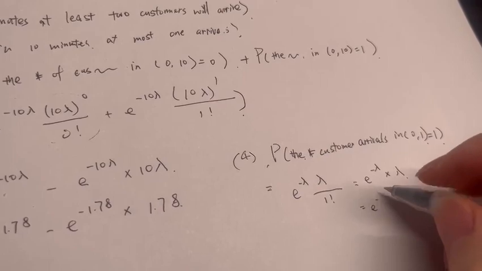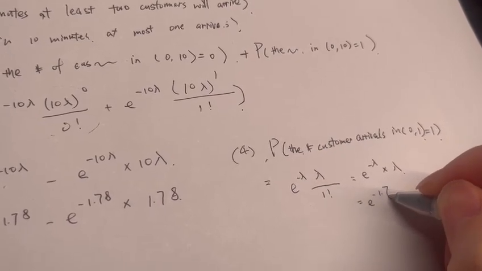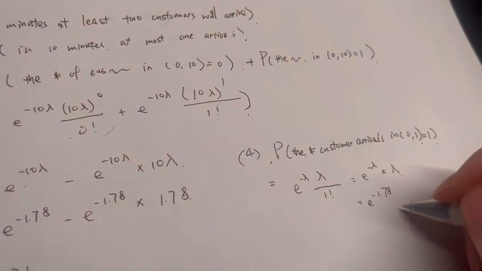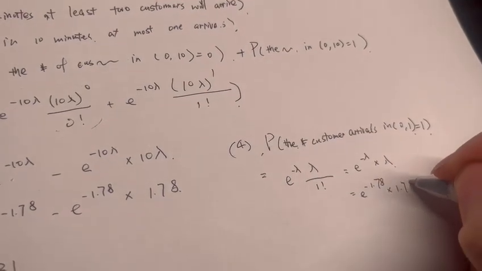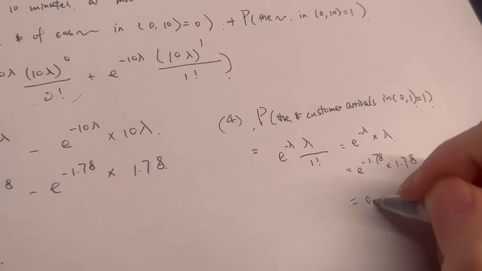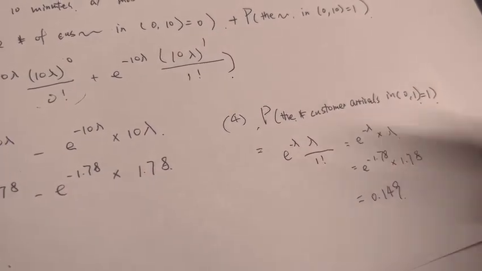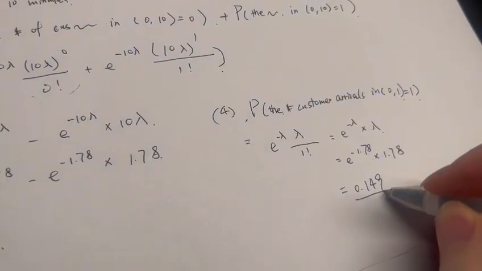So it's e to the power of negative 1.78 times 1.78, which is 0.149. And that's the answer to this question.